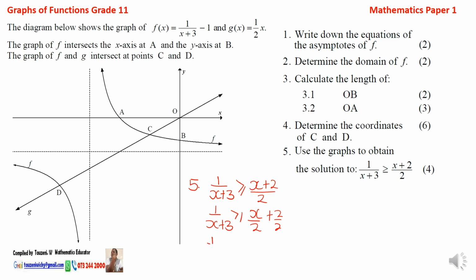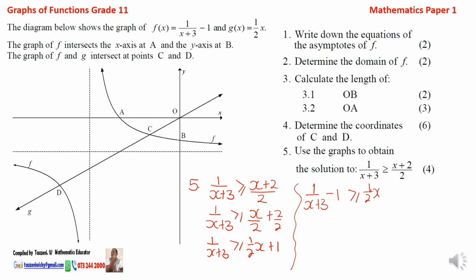So this is now 1 over (x plus 3) is greater than or equal to half of x from the first fraction plus 1. Now look at how cute this is. If you move this 1 to the left side, it's going to be a negative 1. So on your left, we have got 1 over (x plus 3) minus 1 is greater than or equal to 1 over 2x.